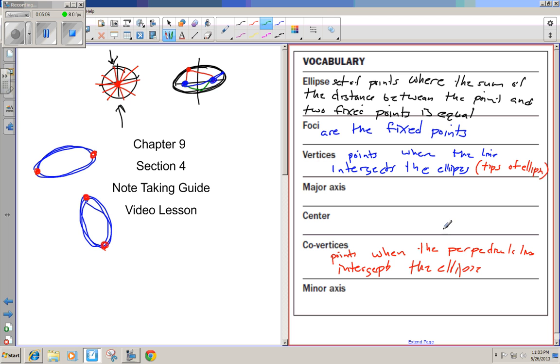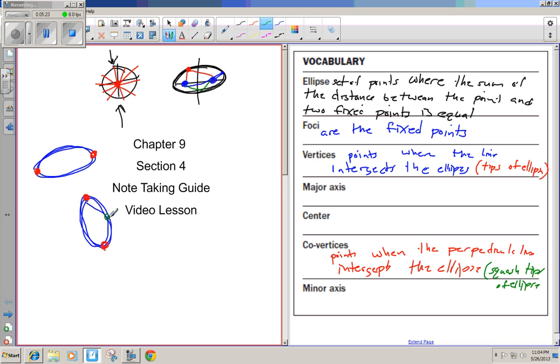Basically what you can say is that they are the squashed tips of the ellipse. So this could be a vertice, except that it's the squashed ends. So these ones here are the co-vertices. This is just the straight up vertices. The red ones are the vertices.